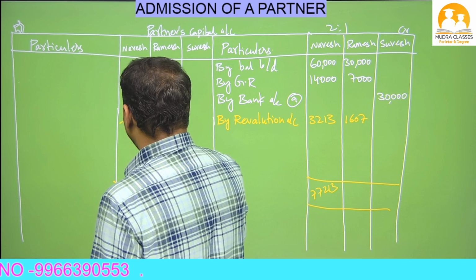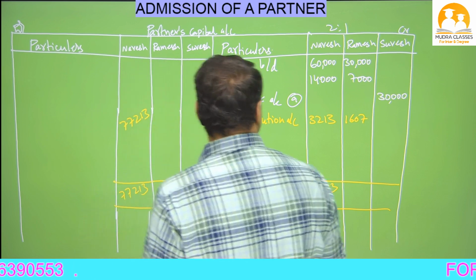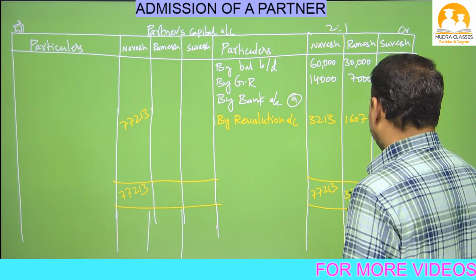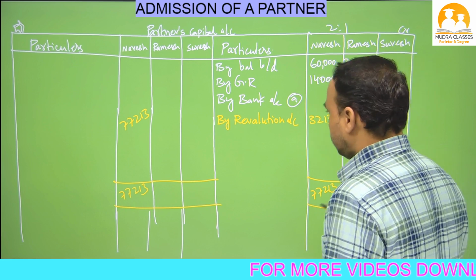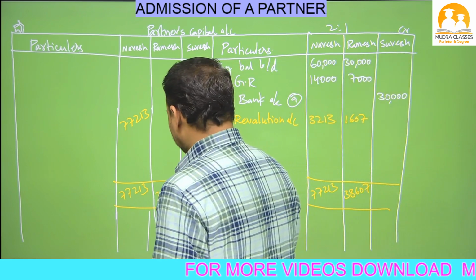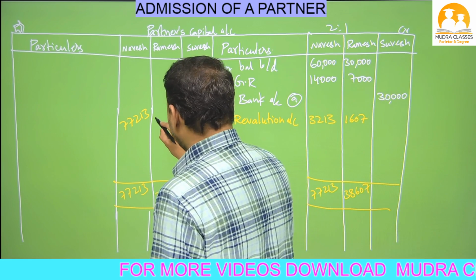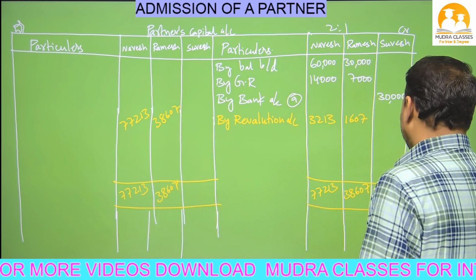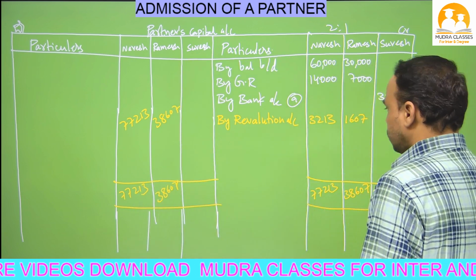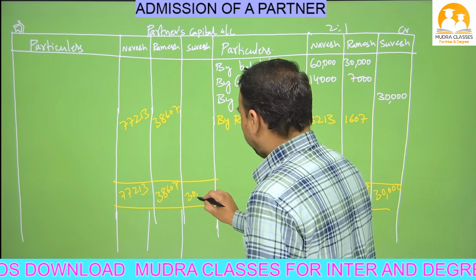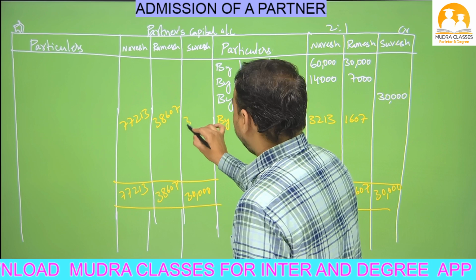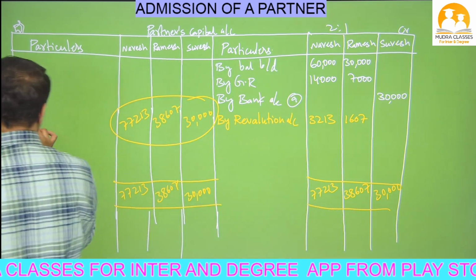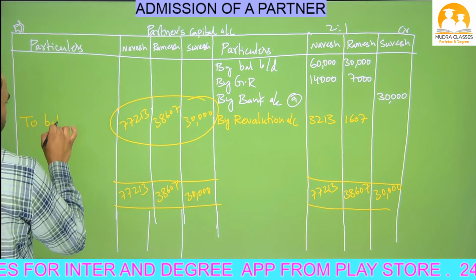Next Ramesh, 38,607, same on both sides. Now do the Suresh total: 30,000, the same amount we write here, 30,000. This is called the closing balance, so simply we will write here to balance carried down.